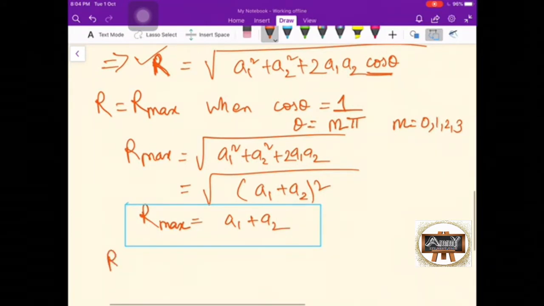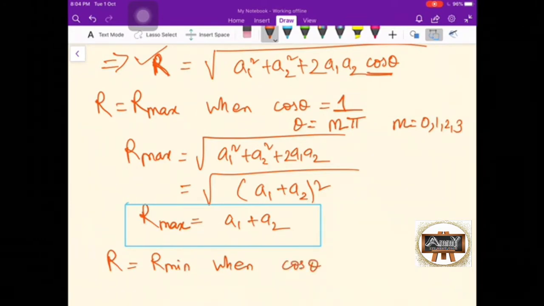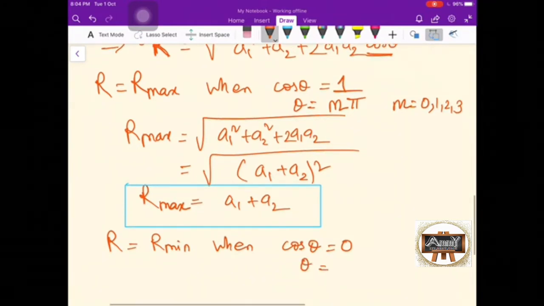Now r is equal to r minimum when cos theta is going to be minus 1. This happens when theta takes up values like (2m minus 1) pi, where m runs from 1 onwards.